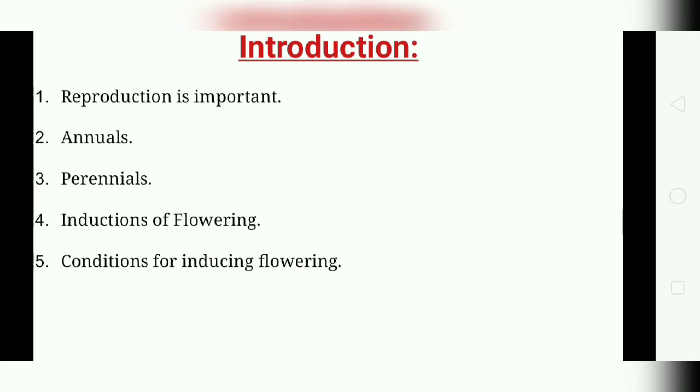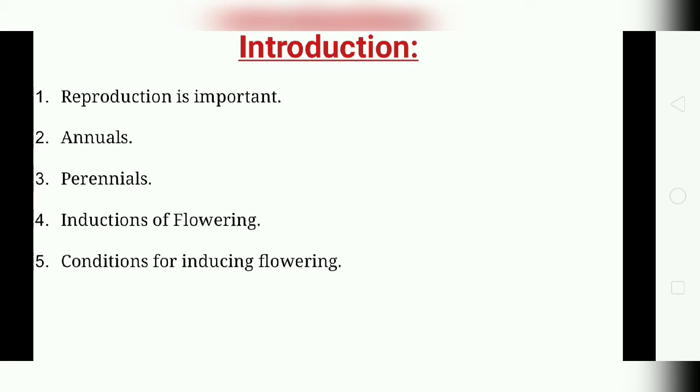This time interval is referred to as the induction period, and the external conditions are inductive conditions.